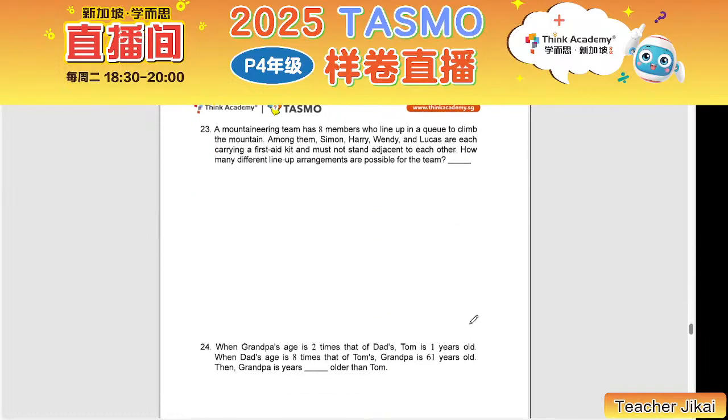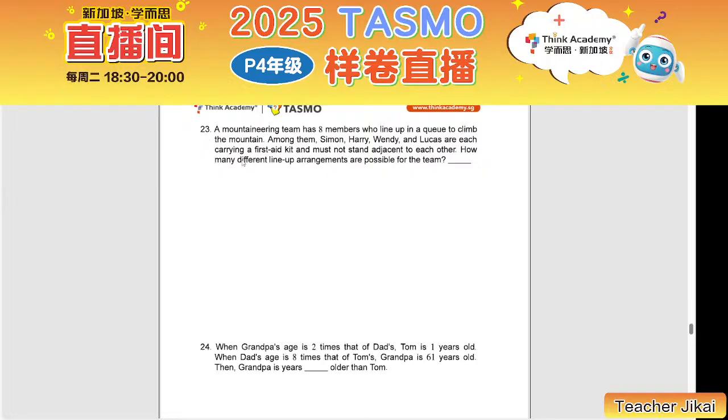Okay, question 23. This is a very typical permutation and combination problem. So, a mountaineering team has 8 members, and 4 students here, Simon, Harry, Wendy, and Lucas, carrying a first aid kit, cannot stand adjacent to each other. Then we can use what?